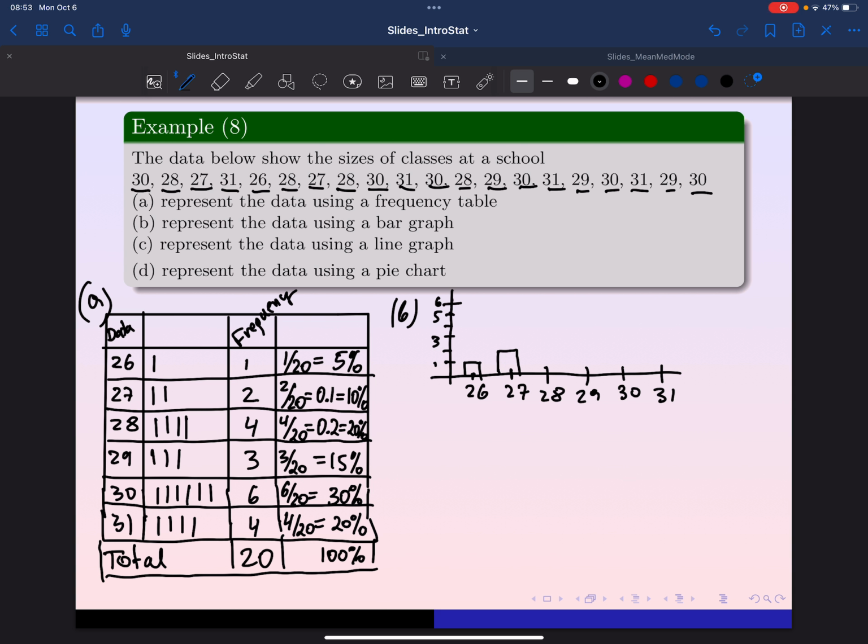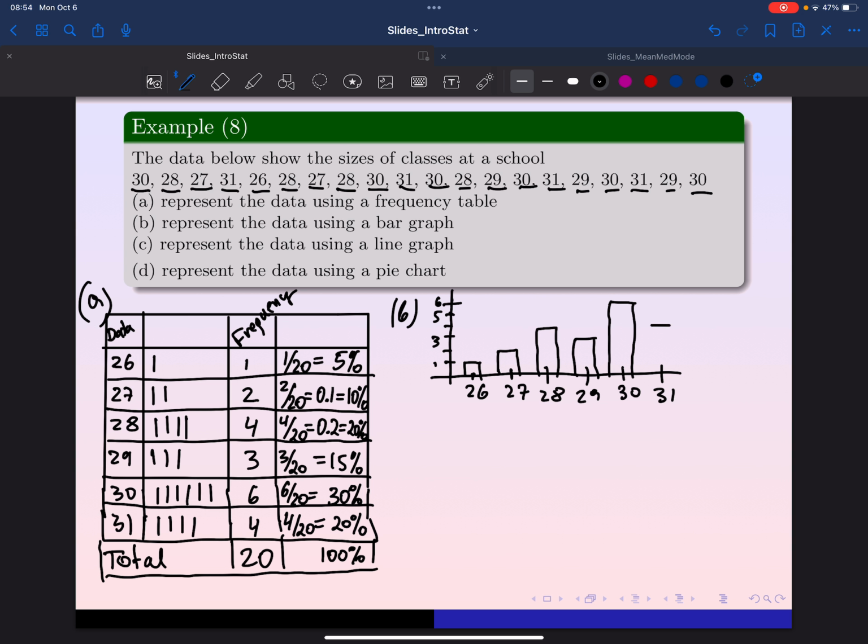So 28 shows up 4, so we need to have a bar on the 4. And 29 shows up 3, so we need to have a bar on 3. 30 shows up 6, so we need to have a bar up to 6. And 31 is 4.